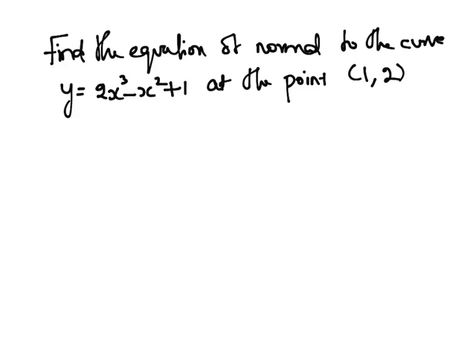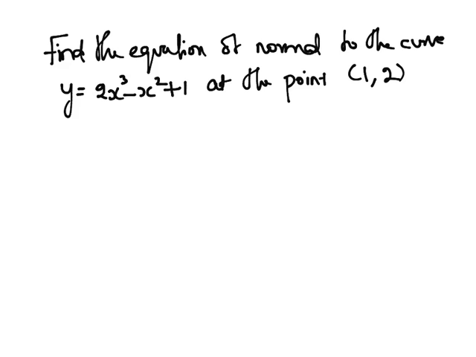Look at this problem. Find the equation of normal to the curve y equal to 2x cubed minus x squared plus 1 at the point (1, 2). Now, a normal is a straight line, so to find the equation of a straight line, first we need the slope of that line. How do we find it? First, let me differentiate the given function.